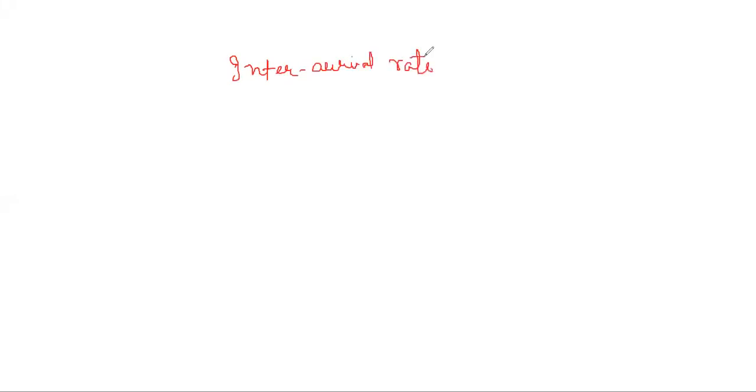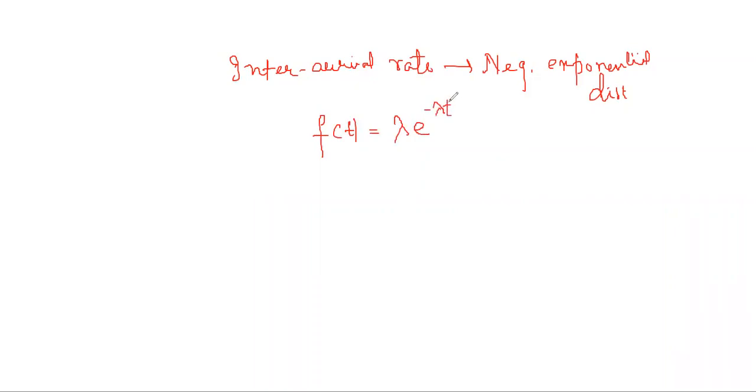So I told you the inter-arrival time follows the negative exponential distribution. And if you remember what you have studied in the past, this is the negative exponential distribution probability density function: lambda e raised to the power minus lambda t.